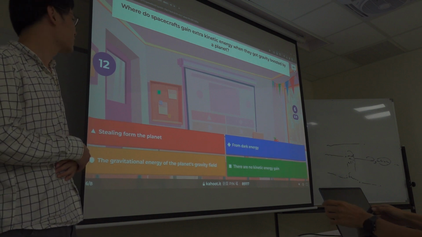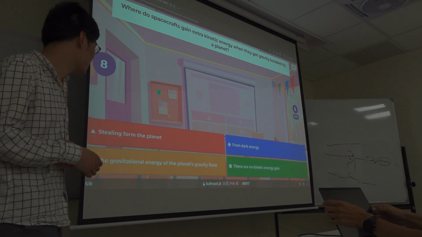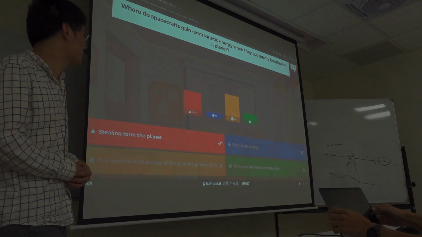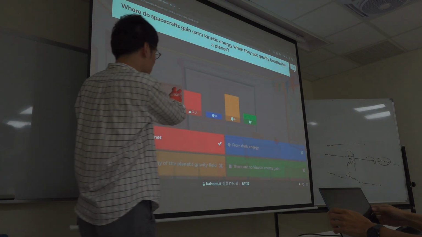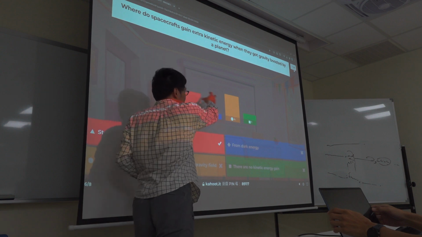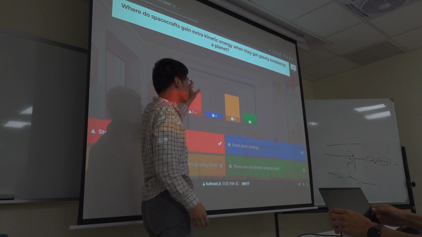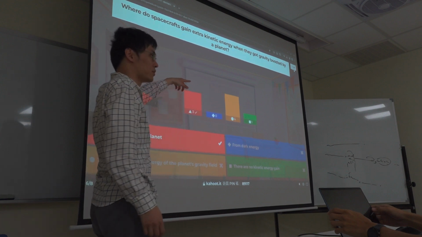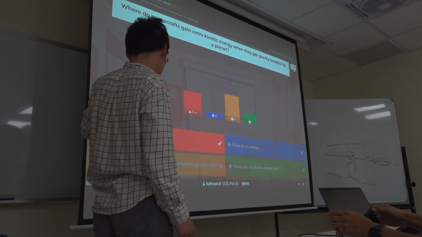Tricky question. The planet will slow down a tiny little bit. So the kinetic energy is transferred, like momentum. That's how we get the boost in velocity. What's different between the red option and the yellow option?